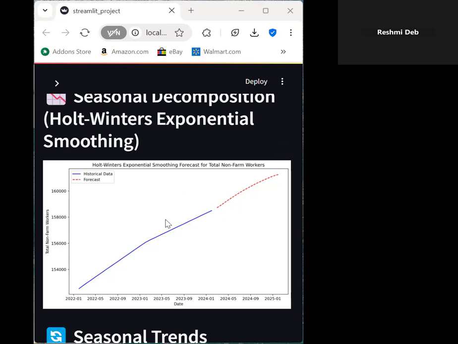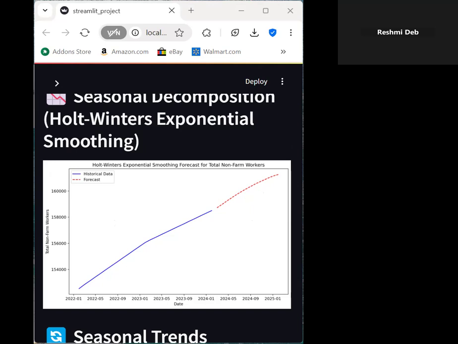The blue line here represents the historical data for total non-farm workers, and it shows a clear upward trend over the period of time. And the red dashed line represents the forecasted values for the future. So it continues upward from the historical data, which shows that non-farm workers are expected to keep increasing in future.